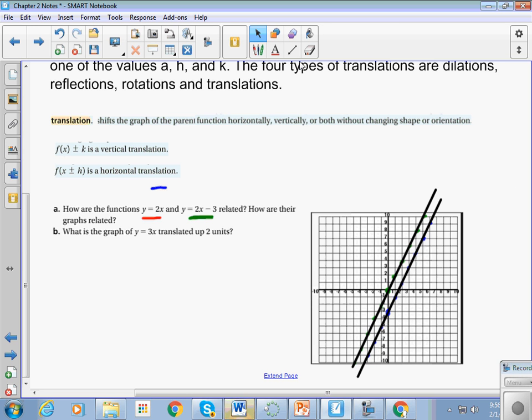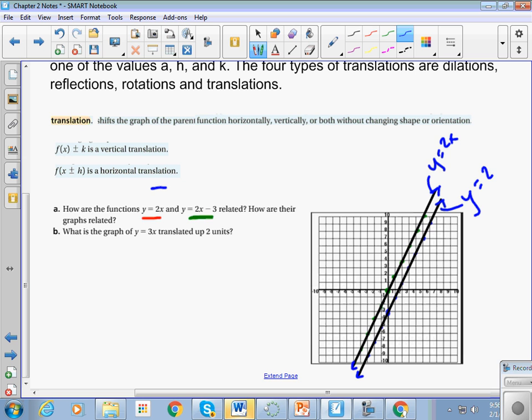So as you can see, our first line is identical to the second line, except the second line is translated 3 units down from my original one.